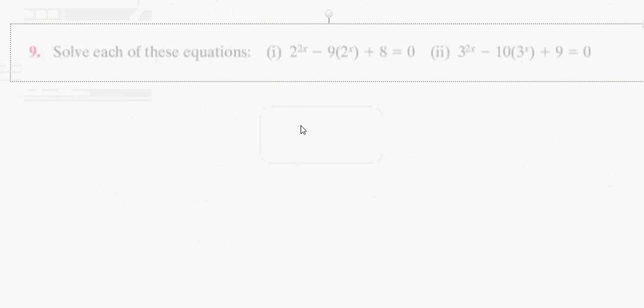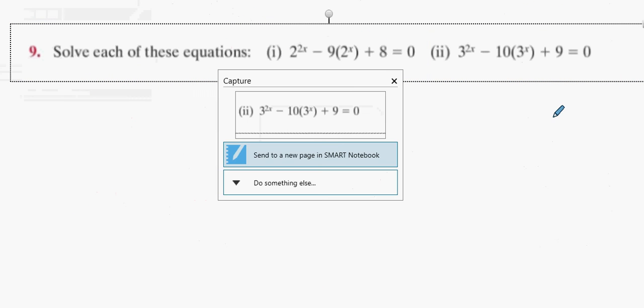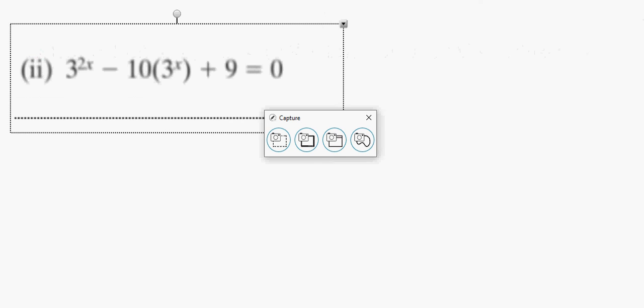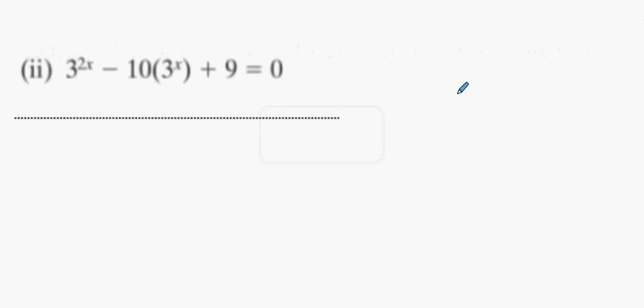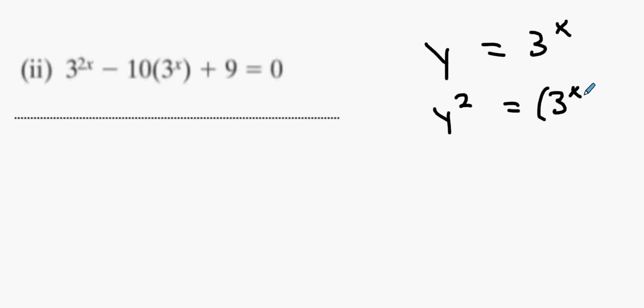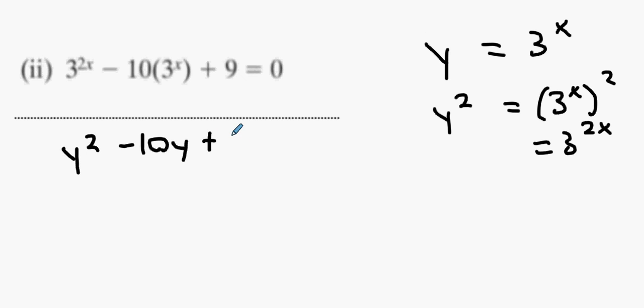So you guys are currently on this question here. And did you choose a suitable replacement? Y equals? Yeah. Square both sides. Then what can you change this into? These are actually some of the easiest questions you'll get.